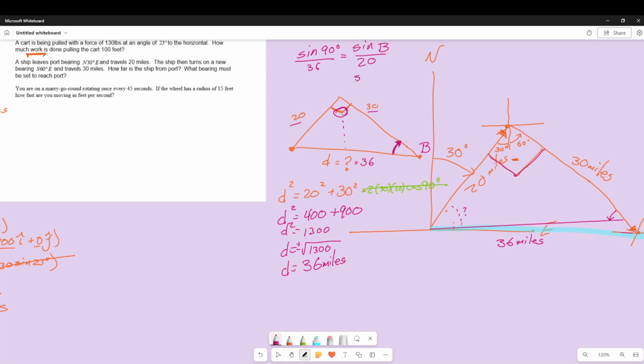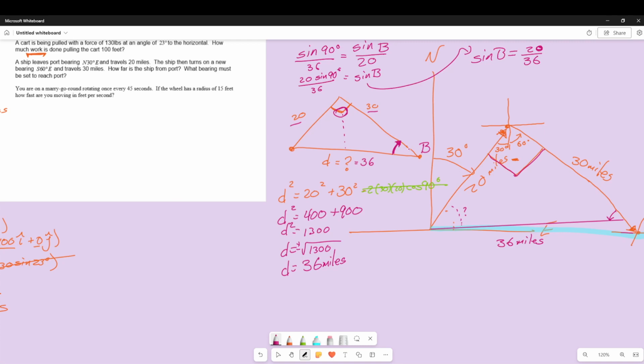So it's going to look like a normal law of sines does. You can use law of sines in right triangles if you really want to. It's just the sine of 90 degrees, and the sine of 90 degrees is 1. So that just turns into the sine of B is equal to 20 over 36.